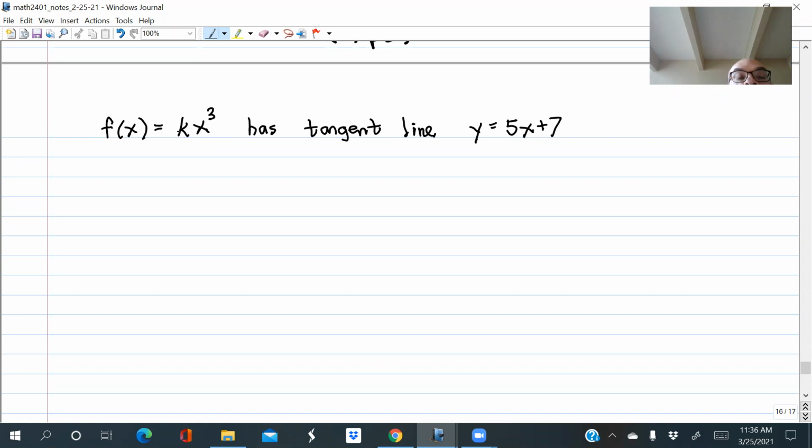So this is a cubic function, but notice this coefficient: x is the input variable, but they're leaving this coefficient unspecified. They're leaving that as a variable. So this is just some number k. It could be 2, 3, minus 2, minus 3, something, times x cubed. And what they want you to do is find the value of k so that this function will have this tangent line, y equals 5x plus 7.